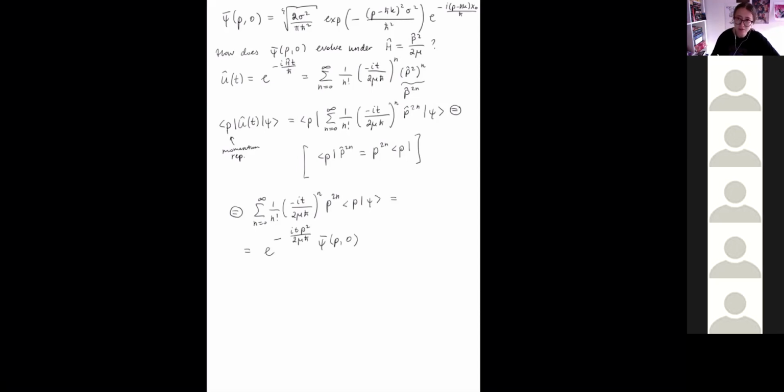Okay, so our conclusion is as follows. How does ψ̄(p,0) evolve under this Hamiltonian? Well, it takes our ψ̄(p,0) to just ψ̄(p,0) multiplied by this exponential.